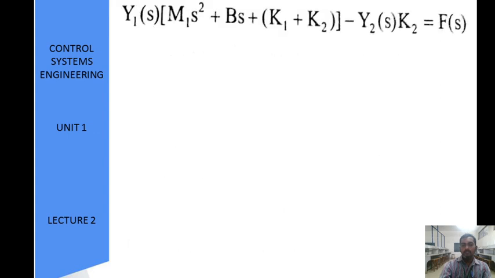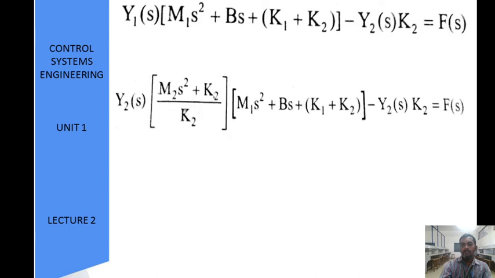Therefore, taking common, (m1 s square plus b s plus k1 plus k2) Y1(s) minus Y2(s) into k2 equals F(s).